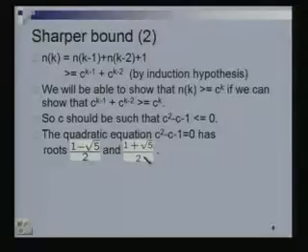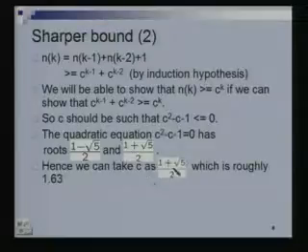So, anything in between would keep this less than 0, right. But I want as large a c as possible. So, I will take 1 plus root 5 by 2, which is roughly 1.63. Right. This quantity is also known as the golden ratio. Okay. So, we will see this more often perhaps.